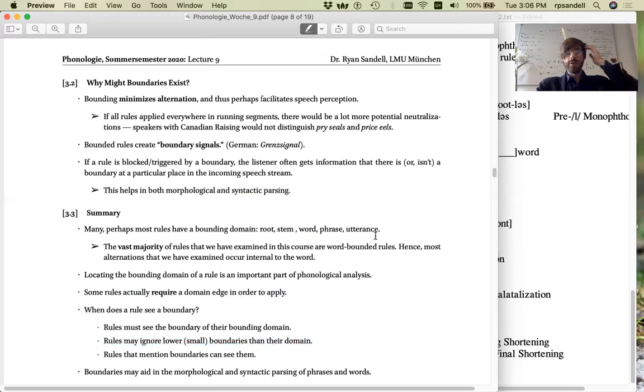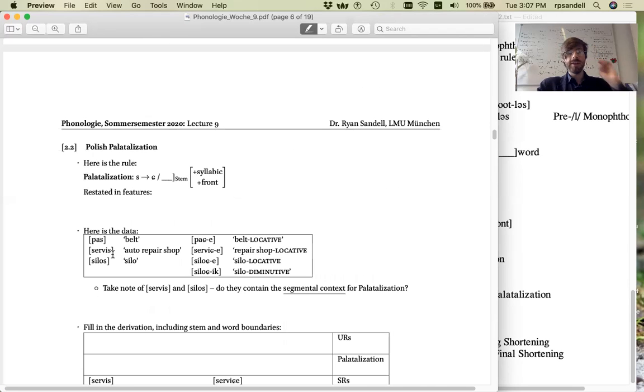So for instance, in the Polish palatalization case, each of these stems, pas, servis, silos, those are also roots that were equivalent to stems. So they simply ignore the root and they see the stem boundary here, this right bracket, so to say, the right stem boundary preceding the inflectional affixes that begin with a vowel.